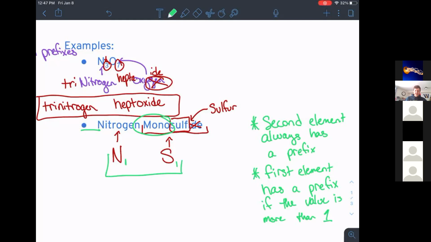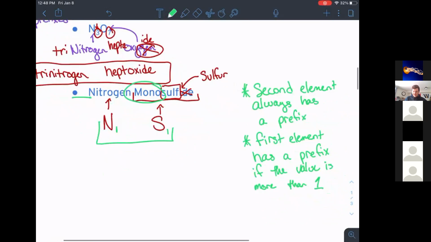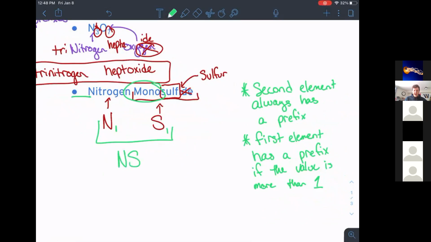So now when we combine these two, I'm going to get rid of those ones because remember, we don't need them. And so it's just going to be NS for our answer.